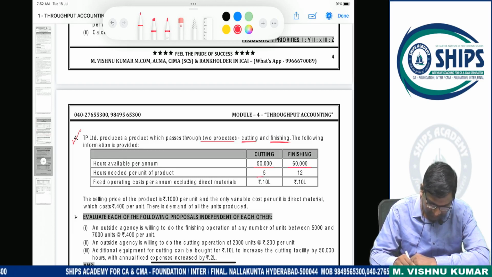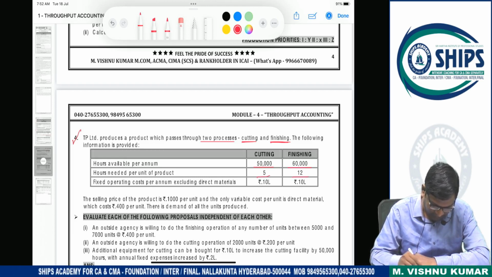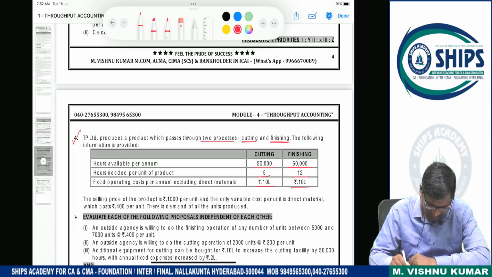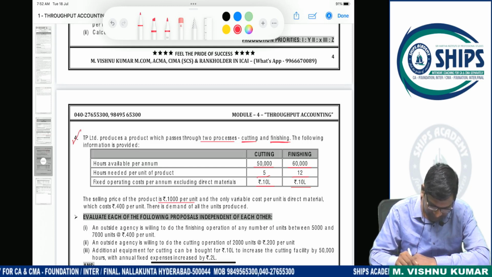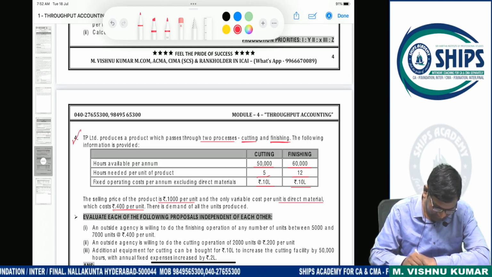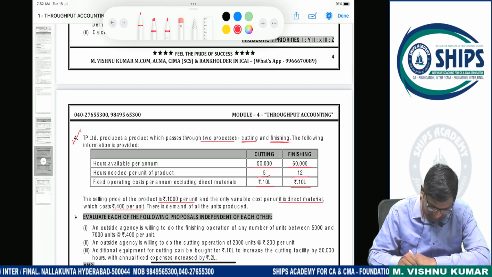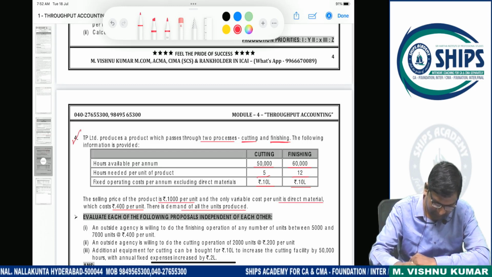Hours needed per unit 5, 12. Fixed operating cost 10 lakhs. The selling price of the product is 1,000 per unit and the only variable cost is direct material of 400 per unit. There is demand for all units whatever they produce.